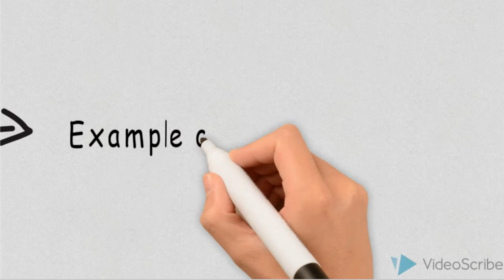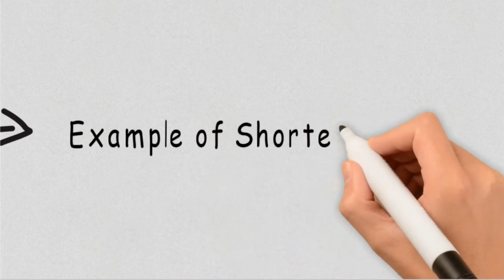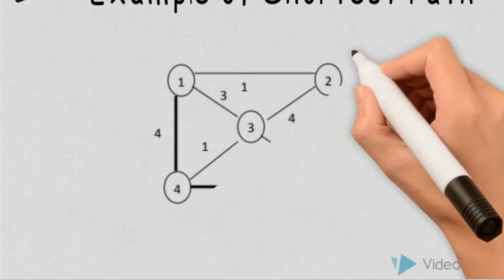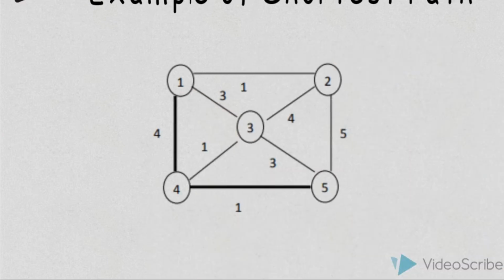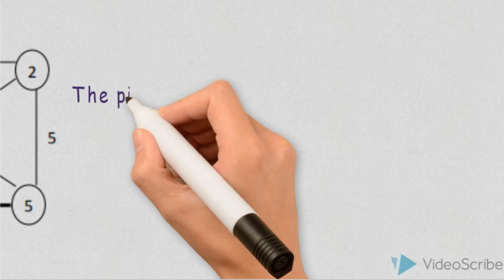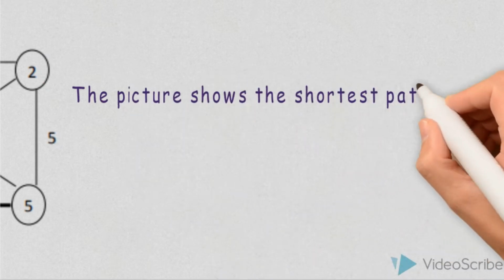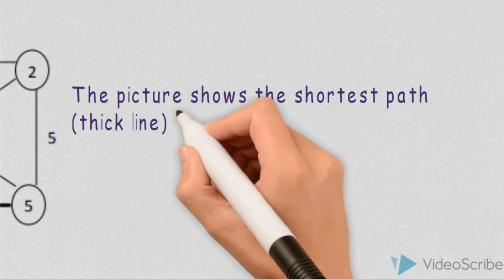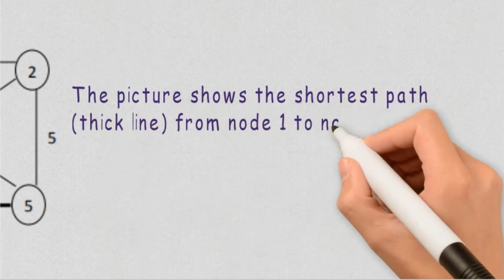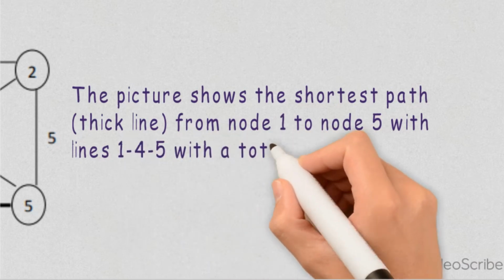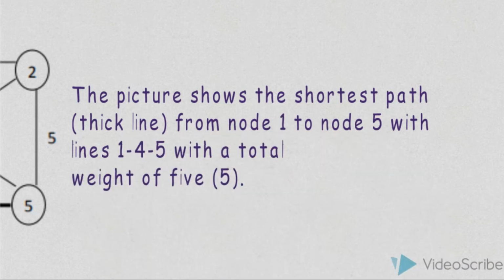Here is an example of shortest path. The picture shows the shortest path, the thick line, from node 1 to node 5 with route 1, 4, 5 with a total weight of 5.